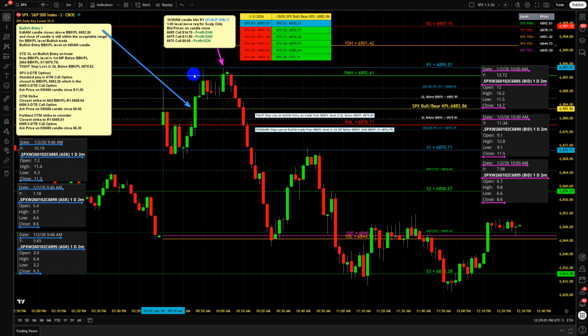And how you figure out your strikes on this trade. Well, we have the same bull bear key price level here. So now we're going to be using the 68.85 call option, since this is a bullish trade. 68.85 call is going to be your standard play. Then you have your two other plays. And just like before, where we were looking below, now we're looking above.